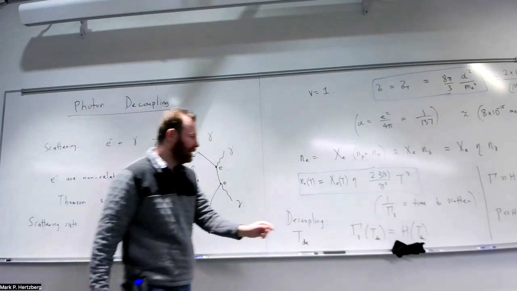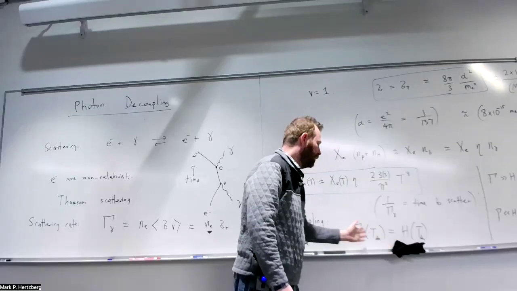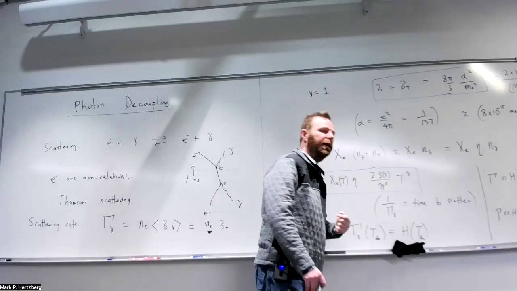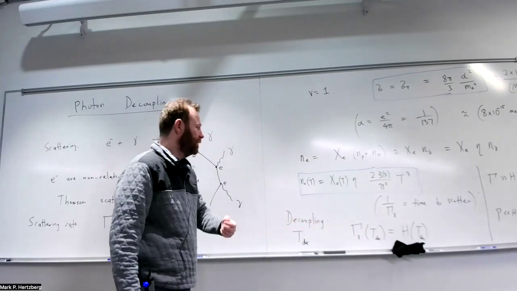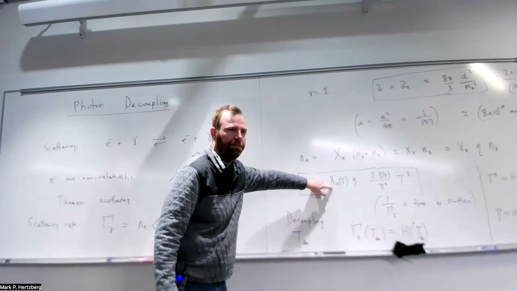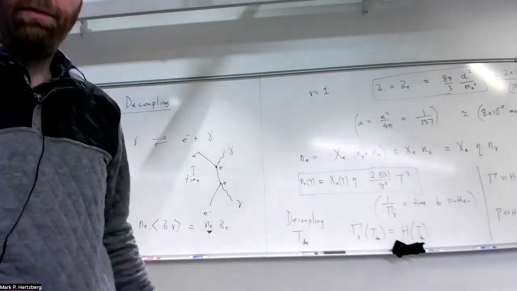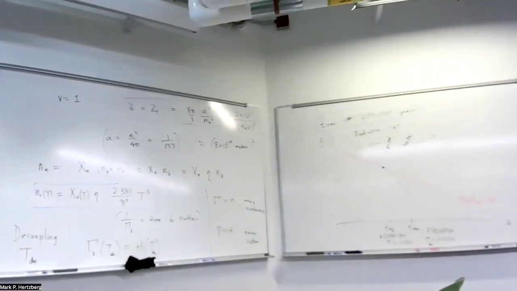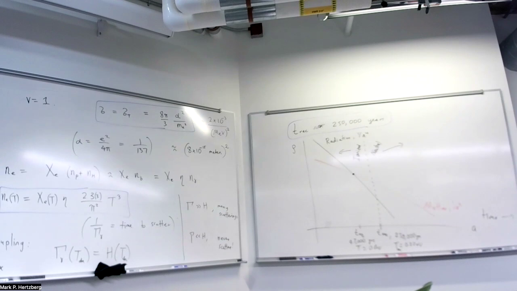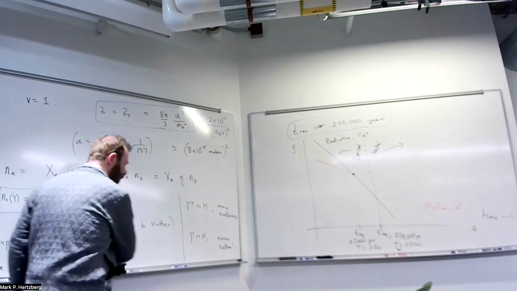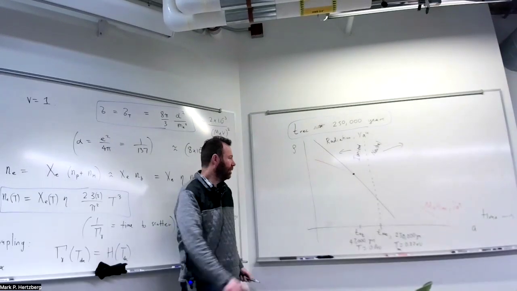So if you change your criteria just a little bit, it will change T decoupling a little bit, but not much, because this is such a rapid function of temperature. And we can double check by changing the criteria a little bit, and we can be more precise in a minute. Does everyone get my philosophy here?